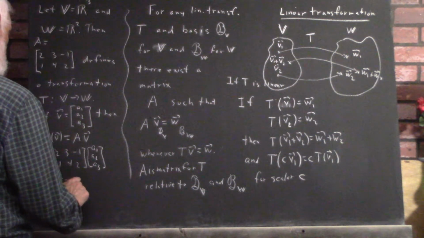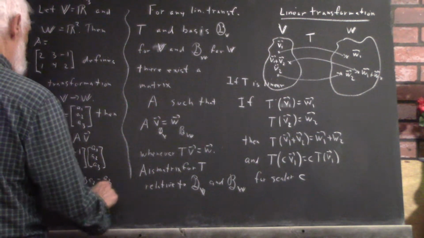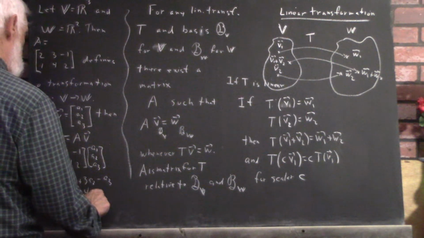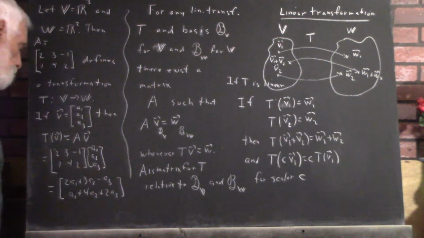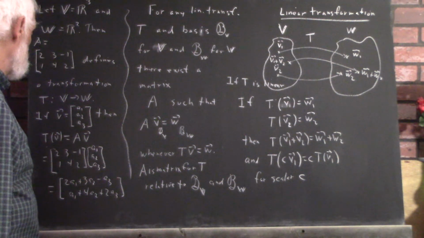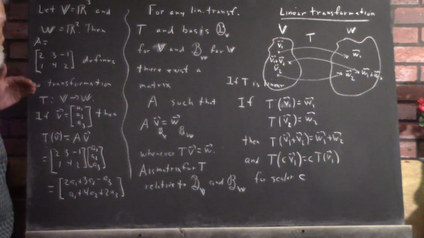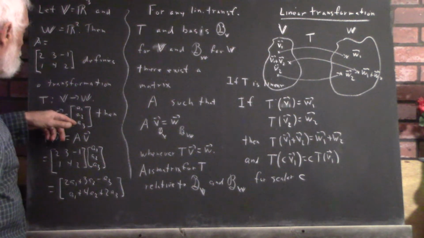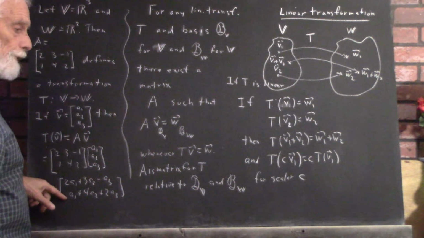And that equals 2A1 plus 3A2 minus A3, A1 plus 4A2 plus 2A3. So that's an example of a transformation defined by a matrix, where A1, A2, and A3 are just numbers in R3, and these are just numbers in R2.